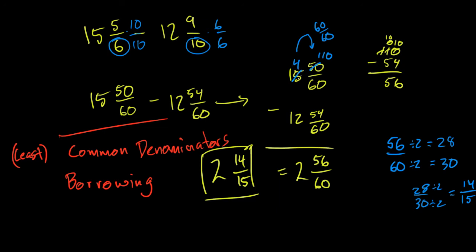I'm converting a 1 from the ones place into these fractions. In this case, there were 60ths, so I needed 60 60ths from one whole. So we learn a new way to borrow when we work with fractions and mixed numbers. And finally, you have to make sure that you always reduce your answer by trying to divide the numerator and the denominator by the same number until you can't find any other ways to divide it.